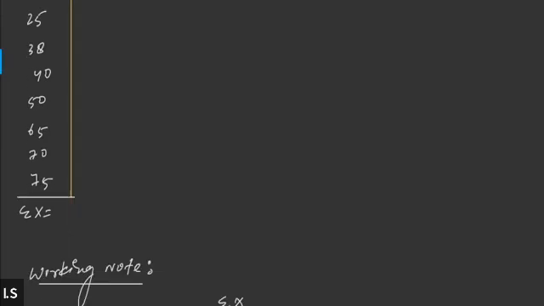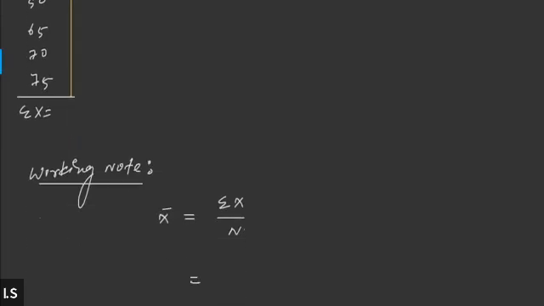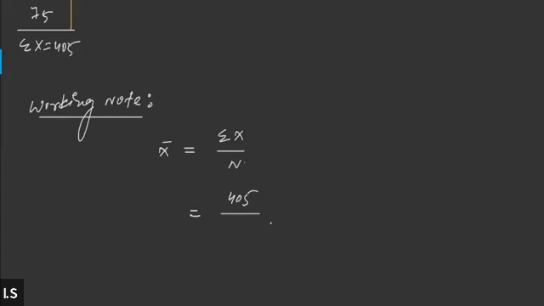So 405 is the summation x. And how many items are there? So total 9 items are there. So we will divide 405 by 9. So this will be 45.